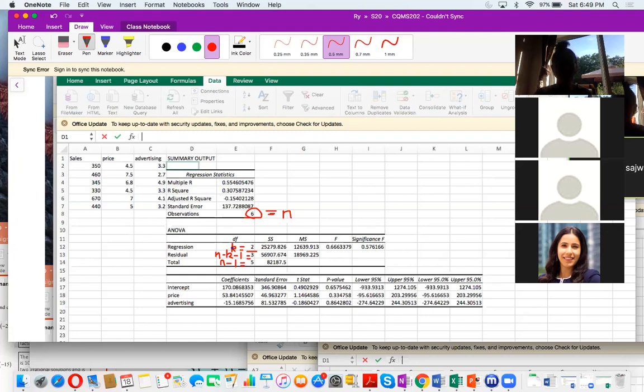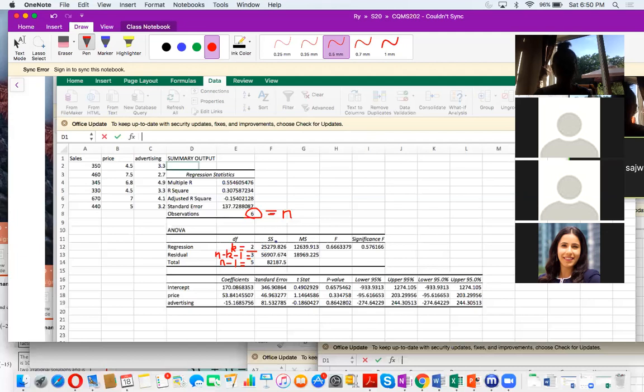So you need to understand what k is: K represents the number of independent variables. What is n? Sample size. The first degree of freedom is for regression. The second, 3, is the degree of freedom for error, for residue. The last one, 5, is the degree of freedom for total.